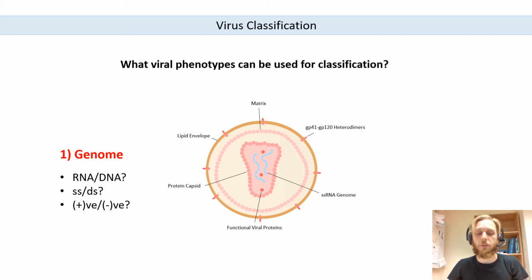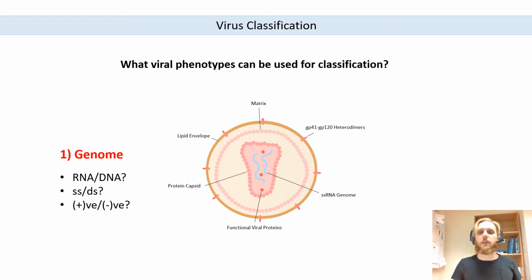And that implicates how the virus replicates, essentially. And again, I know I'm being quite vague, but it's because we're going to go through all this in detail down the line. All we really need to understand at this stage is that the viral genomes come in different forms, and we can classify a virus dependent upon what form its genome is in.